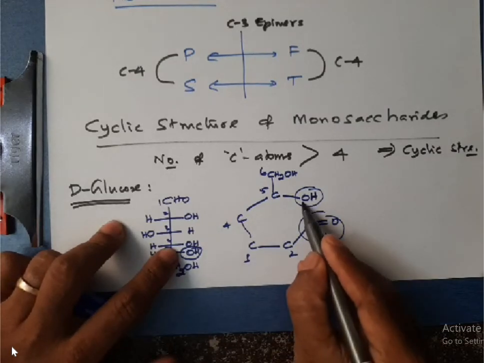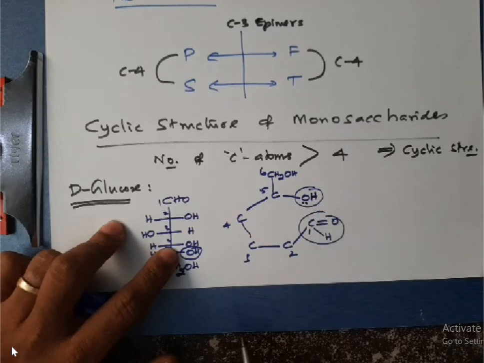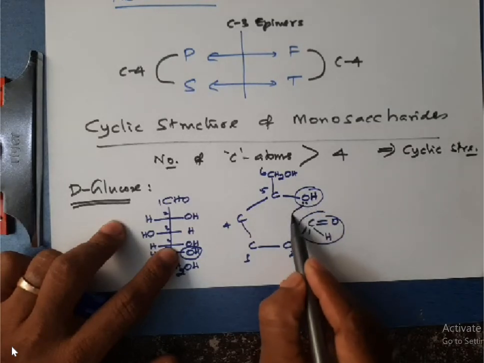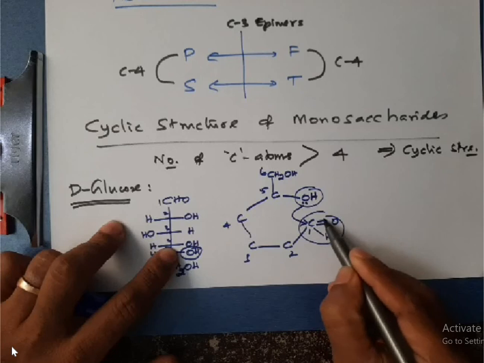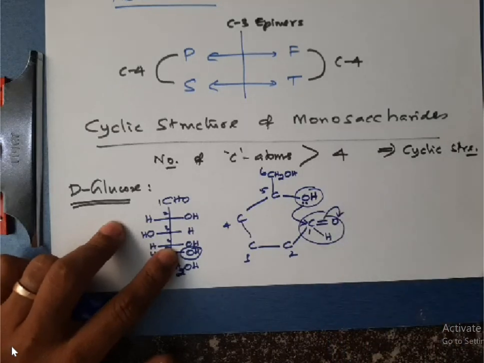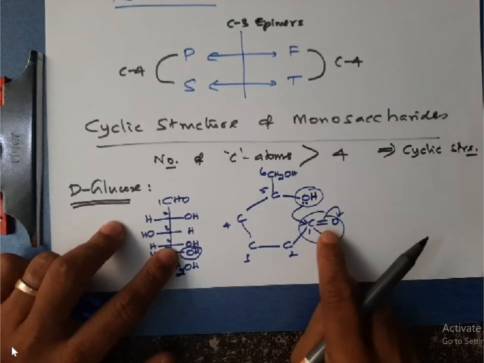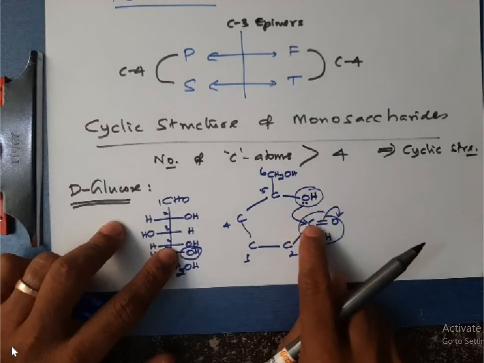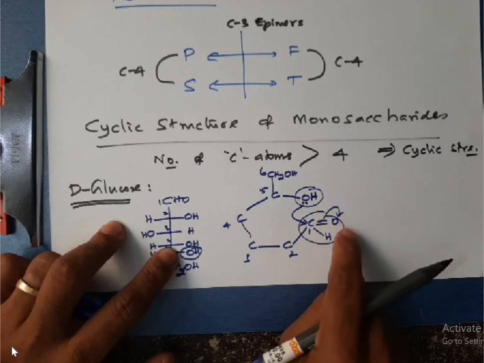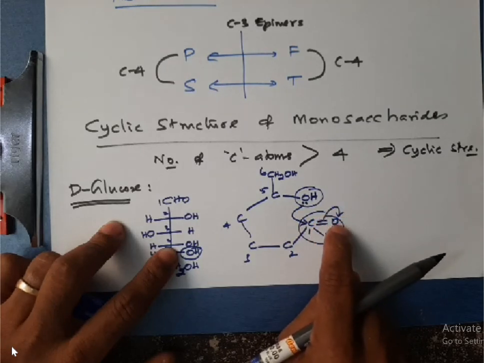Now what will happen? See, this oxygen has a lone pair. Using that lone pair, it will attack this carbonyl group, so that in the double bond, one bond will shift to oxygen. In a double bond, you know very well, one bond is sigma, the other one is pi. When the lone pair attacks this carbon, the pi bond shifts to oxygen, so oxygen will get a minus charge.